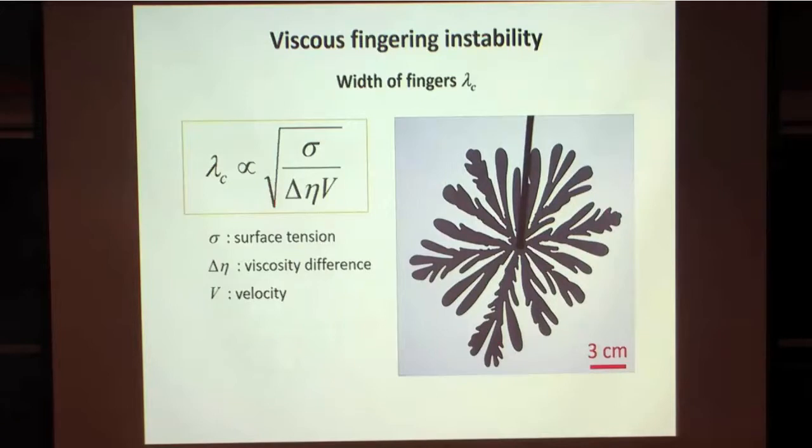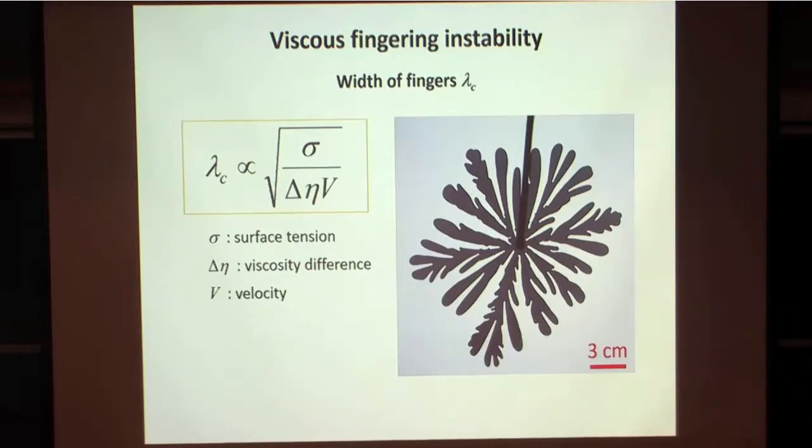And so, if you look at this pattern, your eye might immediately pick out that all these fingers have about the same width. And indeed, we can describe this width, which is essentially given by three control parameters. One of them I already told you about: the difference in the viscosity between my two fluids. Another important parameter is how quickly I form my pattern.